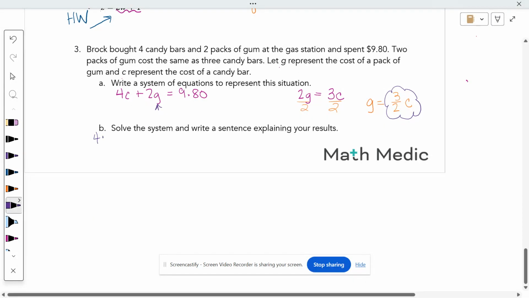So 4C plus 2 times 3 halves C equals $9.80. 4C plus, 2 times 3 halves is just 3. 3C, so 7C equals $9.80. Divide both sides by 7. C equals $1.40.